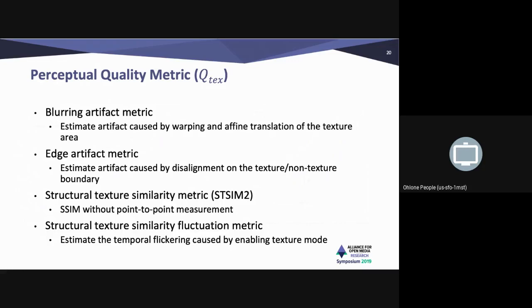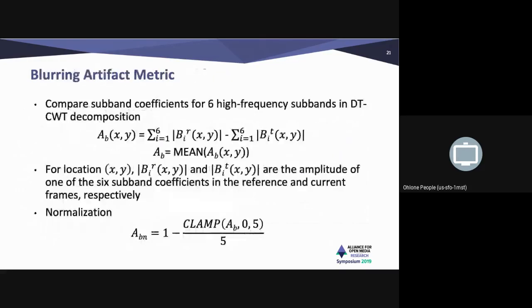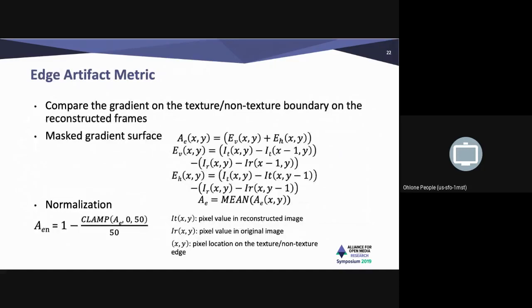Okay, I'm going to quickly go through these. Here's the blurring artifact: we're looking at the six high frequency subbands of the DT-CWT decomposition, and then we do the normalization. Similarly, for the edges, we're looking at the gradients along the boundaries of the texture and non-texture areas.